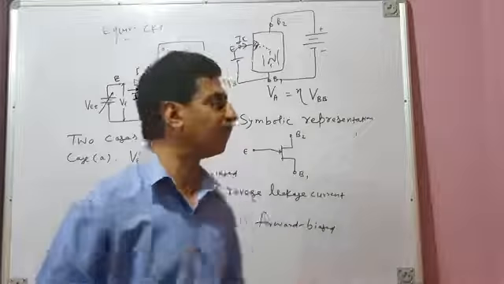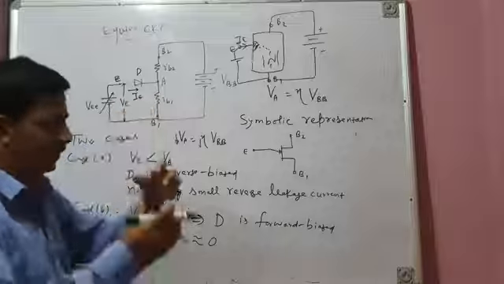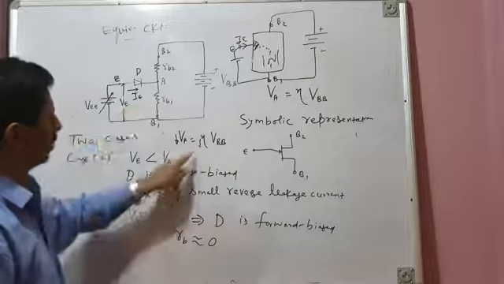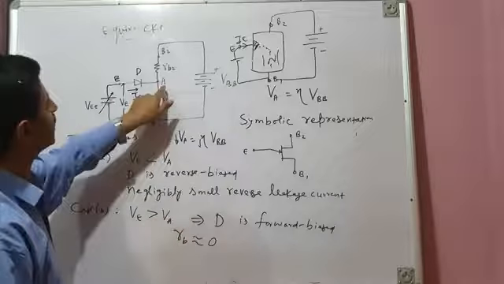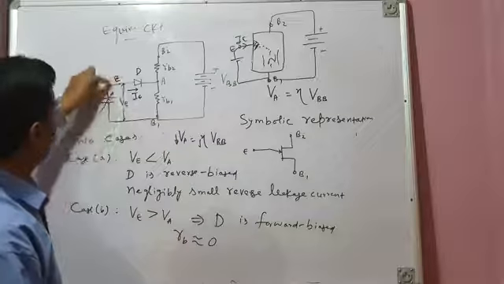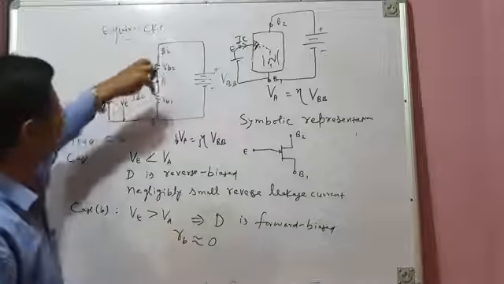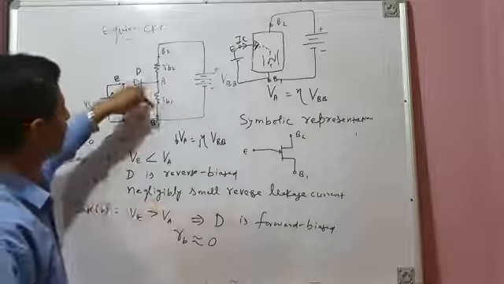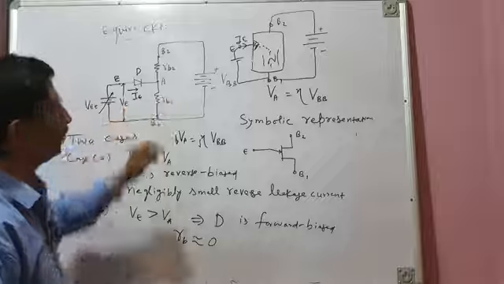And as a result of that, this internal resistance RB1 decreases. When RB1 decreases, this voltage VA decreases because eta decreases. And because of decrease in VA, VE becomes more than VA, more forward bias is there, more injection of holes is there, and more injection of holes means RB1 further decreases.